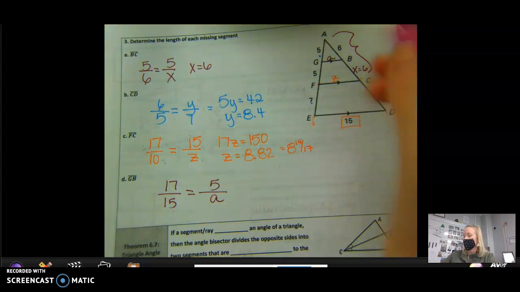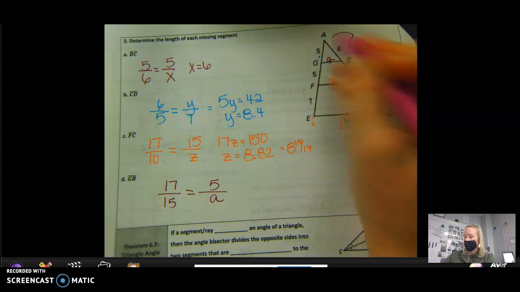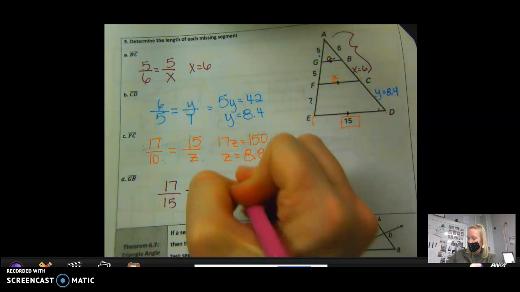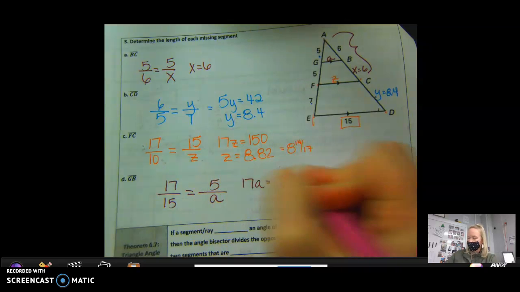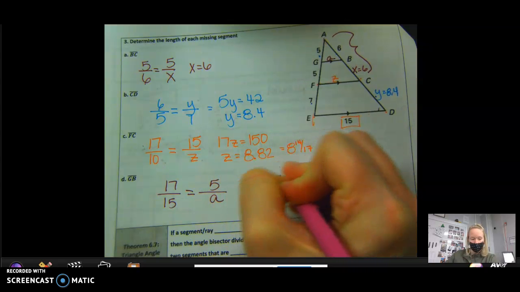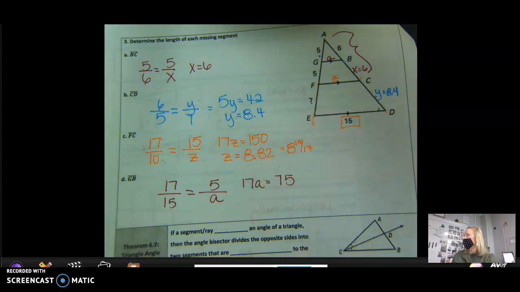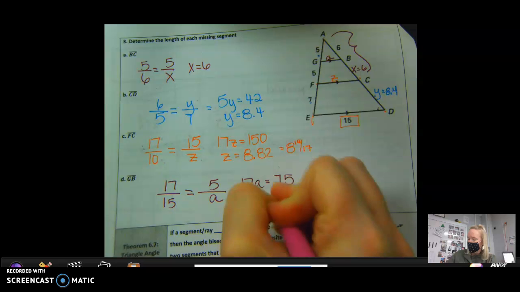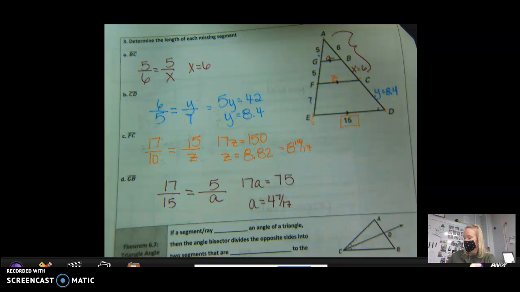Awesome. Good. The whole length over the whole bottom equals the side length over the side bottom, right? Cross multiply, and I get 17A equals 75. Is that right? Divide by 17, divide by 17, and I get A equals 4 and 7/17.